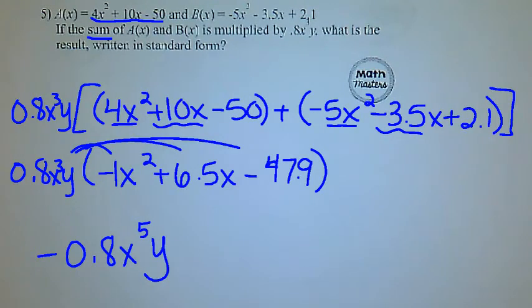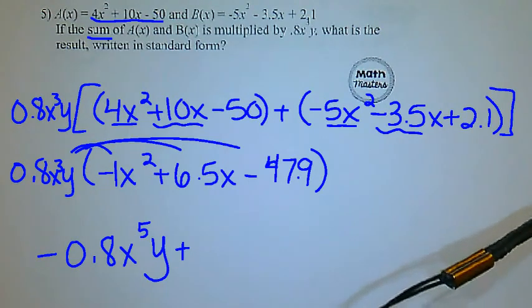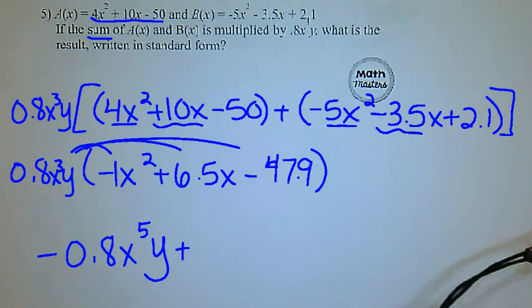6.5 times 0.8 is 5.2. Let me double check. 0.8 times 6.5, 5.2.